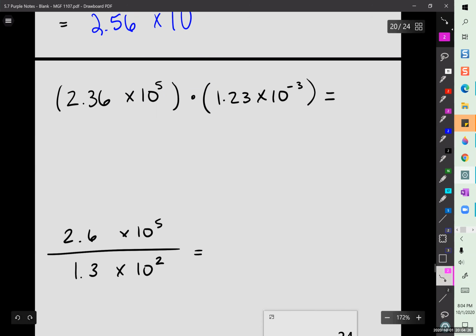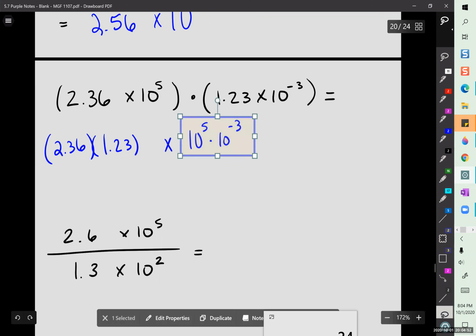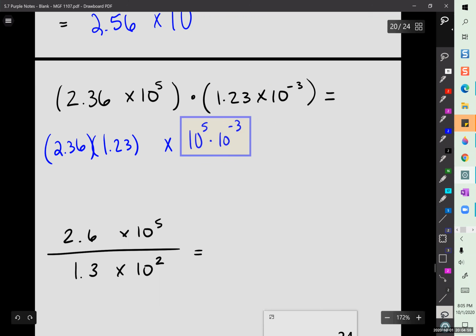And this is the idea where you group like things, this times this times this. If it helps you, rewrite it. So we're going to take whatever 2.36 is and multiply that by 1.23. And that's going to be times our 10 to the 5th times 10 to the negative 3. But here we use our properties of exponents because this could be simplified. Since it's the same base, right, and you're multiplying, you would add the exponent. So write the simplified exponent there, multiply these.